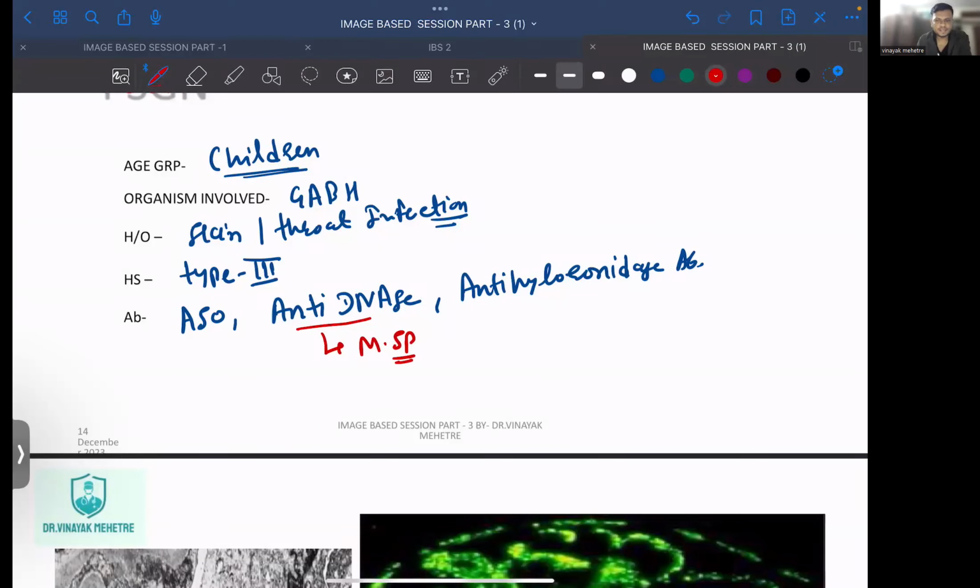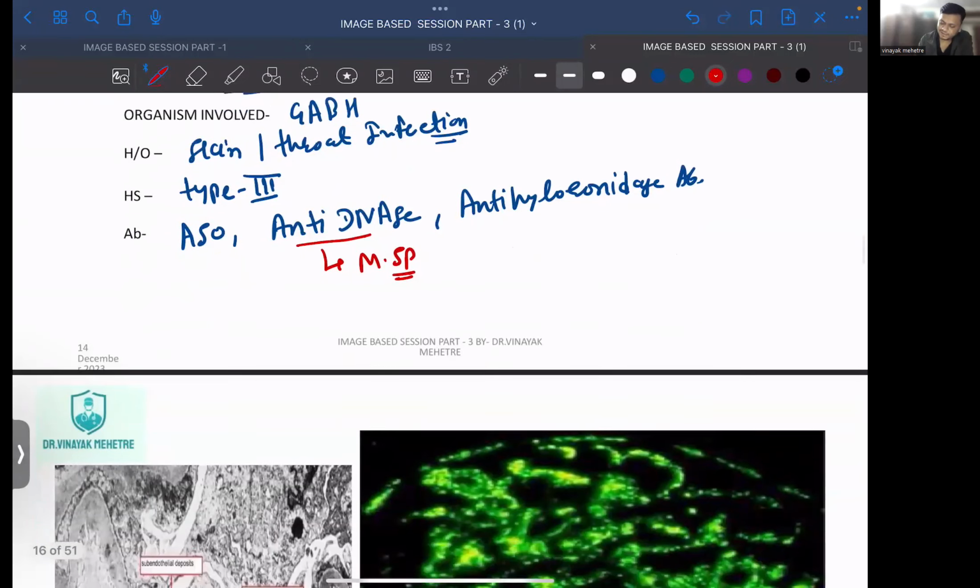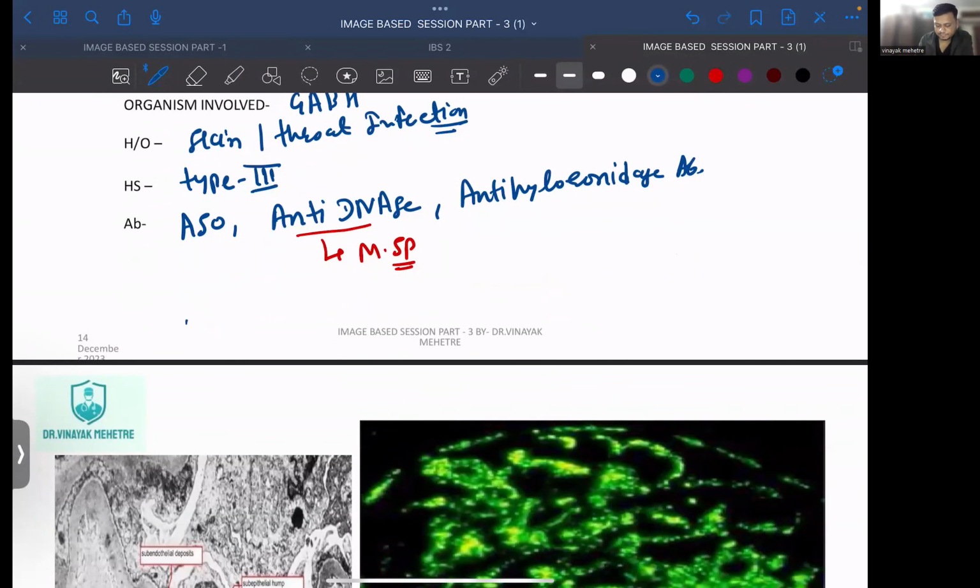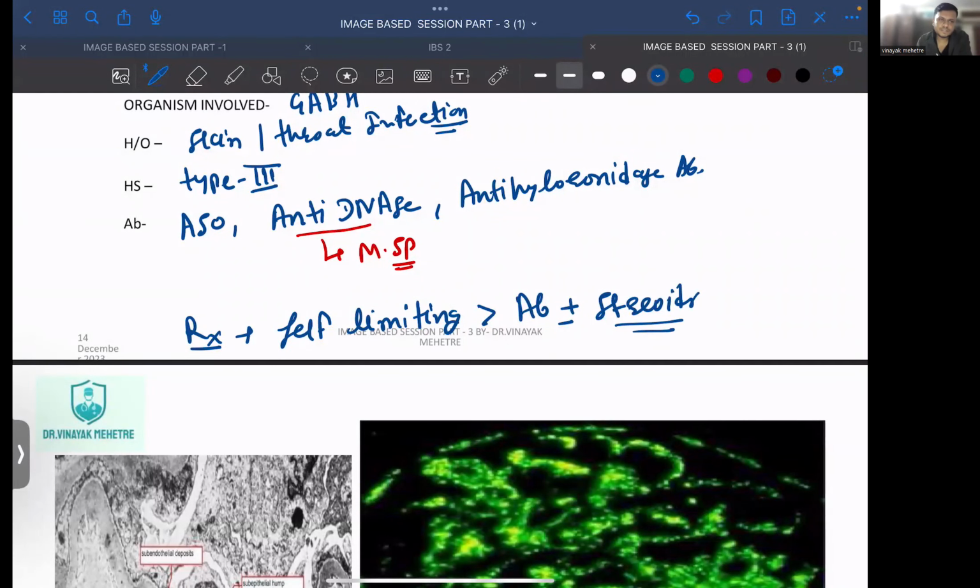Okay, anti-DNase. There is confusion and this will come in the paper. Treatment, what is the treatment for this? Anyone? Remember, it is self-limiting. Okay, right. Reassurance. If we need to give, then we can give antibiotics plus or minus steroids. Okay, plus or minus steroids.